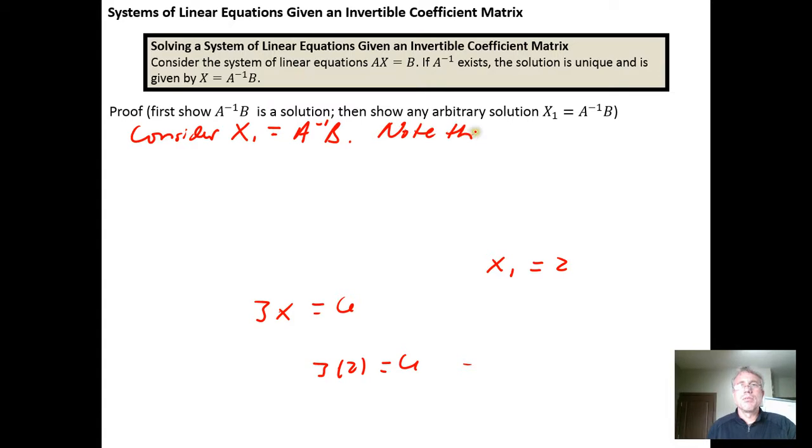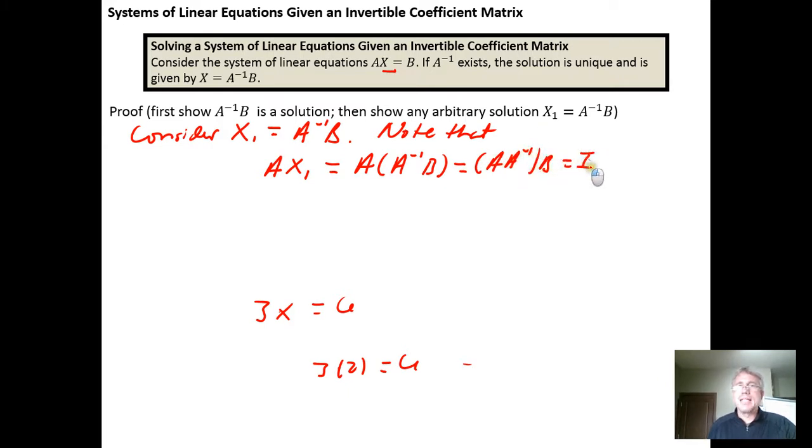Note that now let's plug A inverse B in where you see the x right here in the equation and show that it actually generates the B. So note that A times x sub 1 is the thing we think is a solution. It's going to look like A times A inverse B, but matrix multiplication is associative, so we can regroup the A and the A inverse times B, and A times A inverse is the identity matrix.